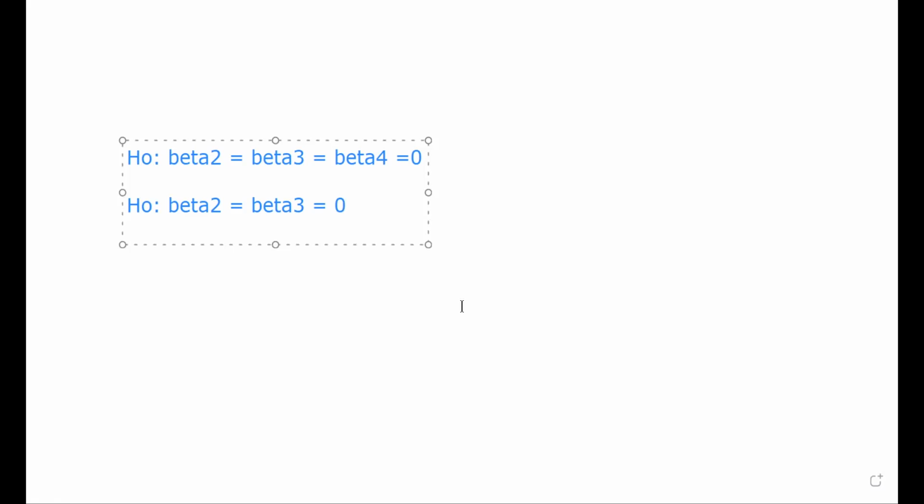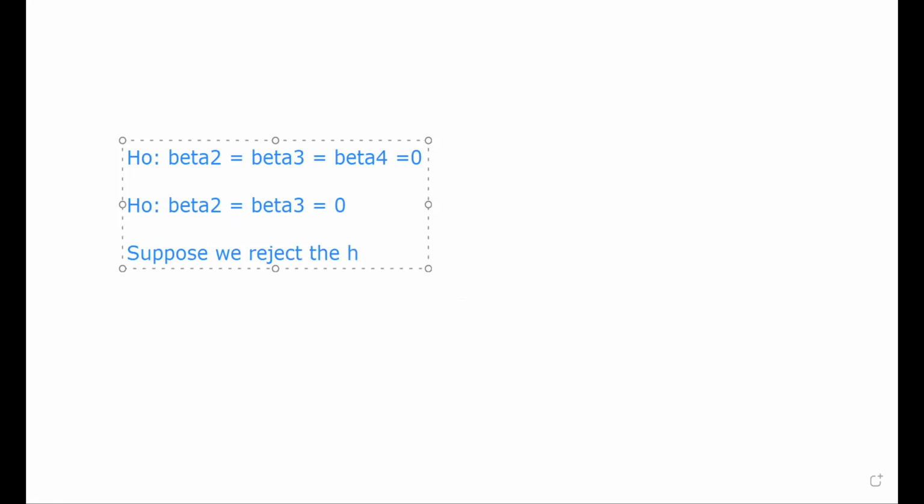And if we have beta 2 and beta 3 not equal to 0, that means we reject. Suppose we reject the hypothesis that beta 2 equal to beta 3 equal to 0.